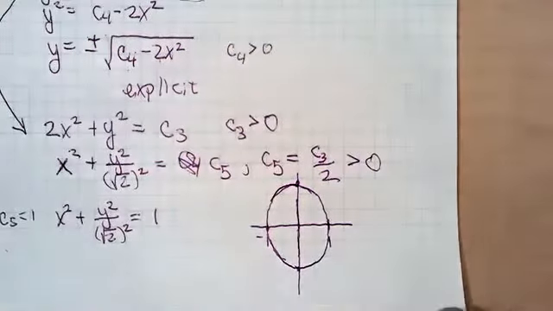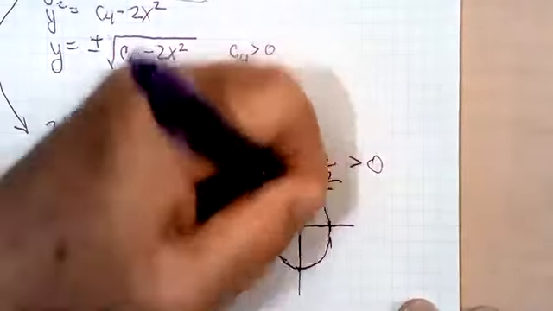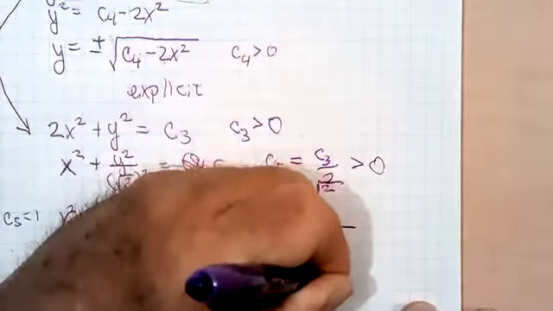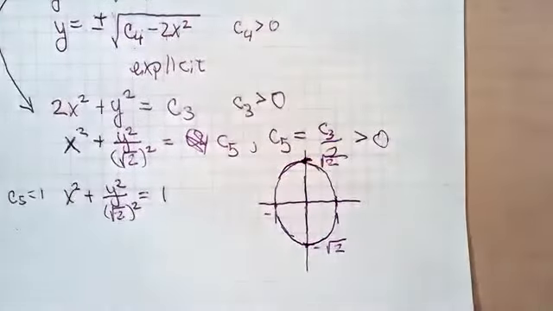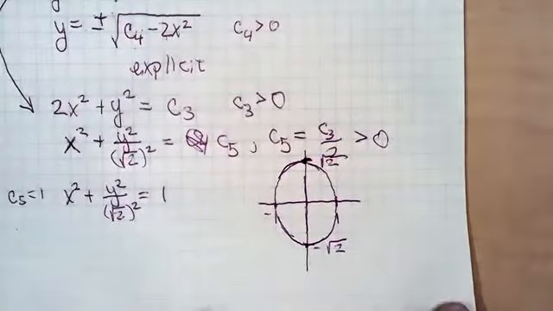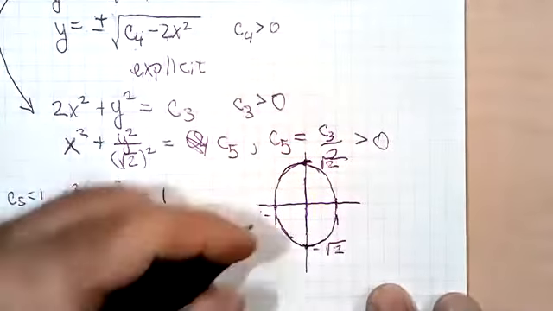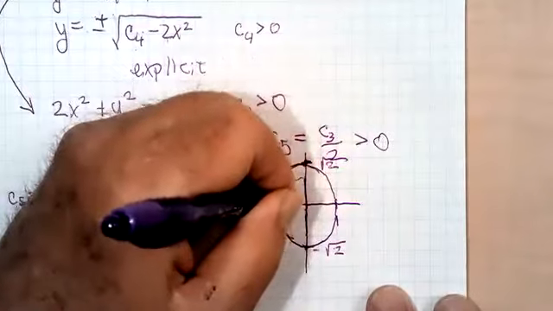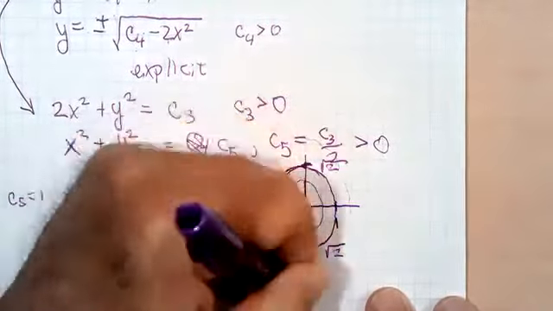Well, I'm glad to. So this is root 2 up here. Intercept here is minus root 2. So it's an ellipse that's taller than it is wide, and it is centered at the origin. And anything parallel to that, you'd have another one in here somewhere, and you'd have bigger ones out here.